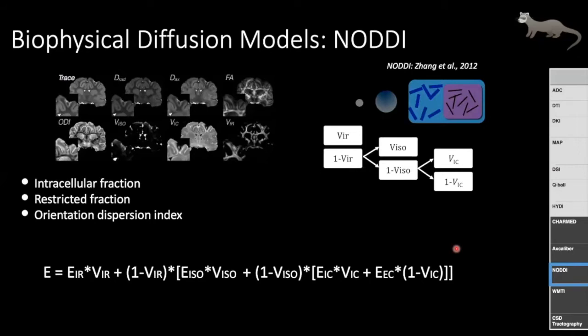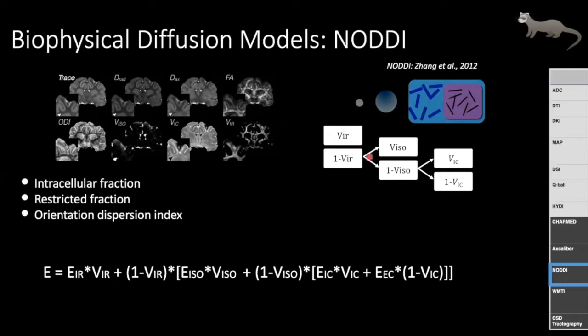I also just want to briefly mention that biophysical models are a really important microstructural technique because they may give some relationship between our diffusion signal and the actual biological tissue. NODDI is probably one of the most popular and common ones.